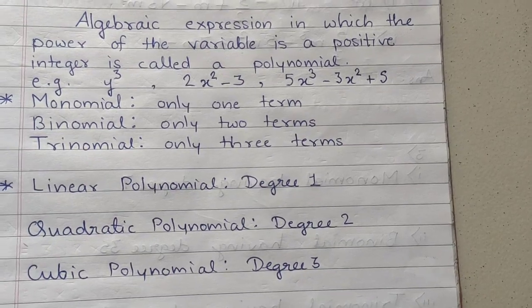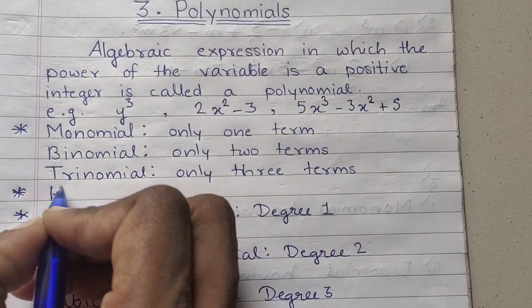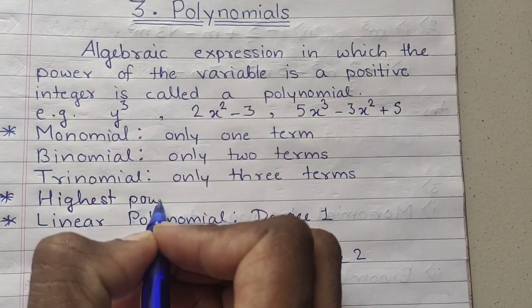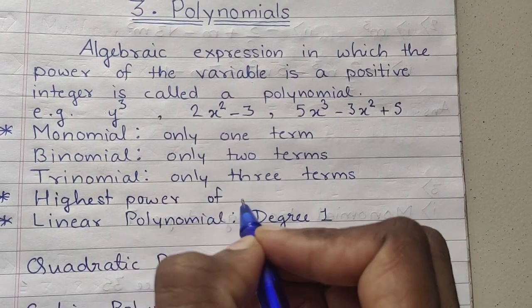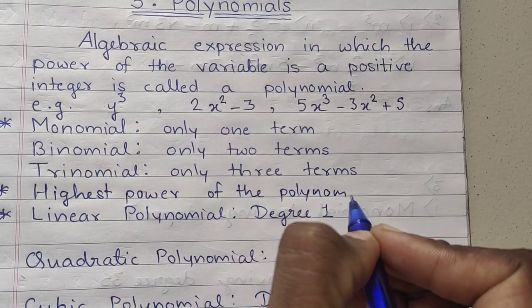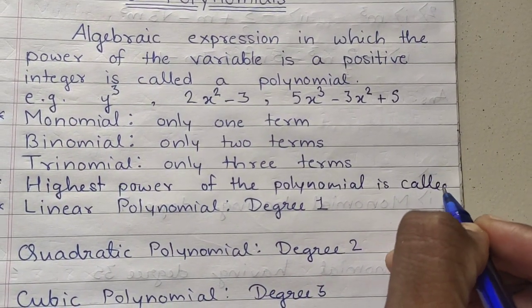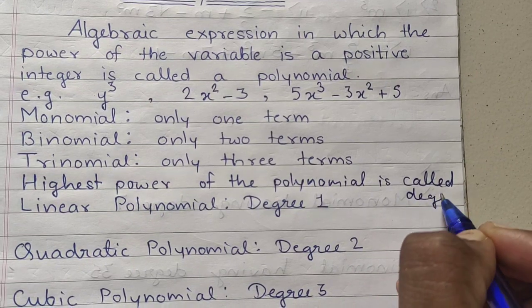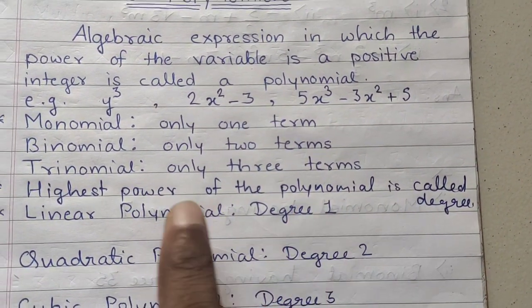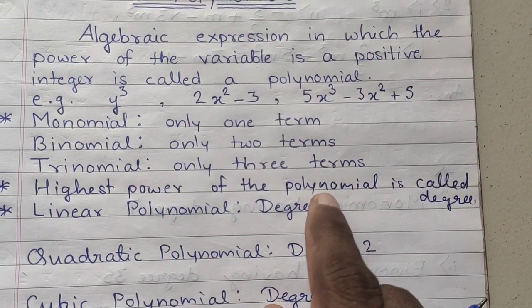Remember, the highest power of the polynomial is called the degree. So what you have to see is the highest power of your polynomial.